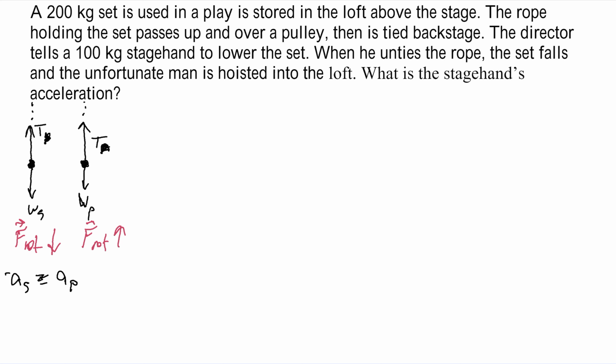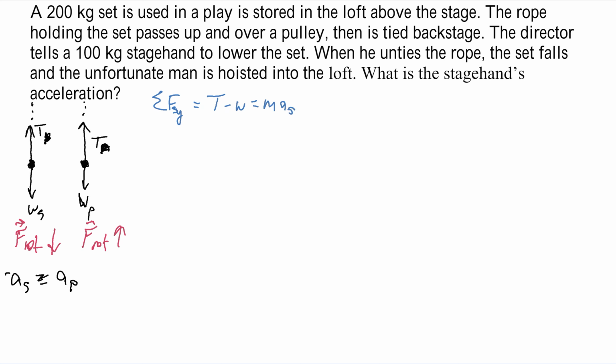All right, so we should probably do a sum of the forces setup for both. So let's do a sum of the forces in the y direction for the set. What do we got? Tension minus weight equals m a_y of the set.